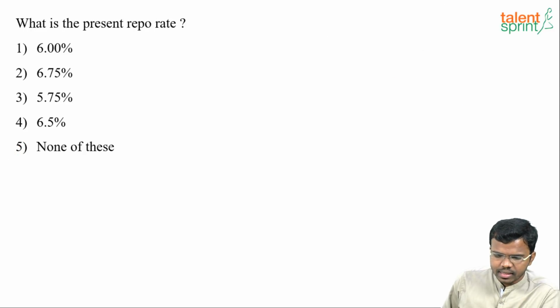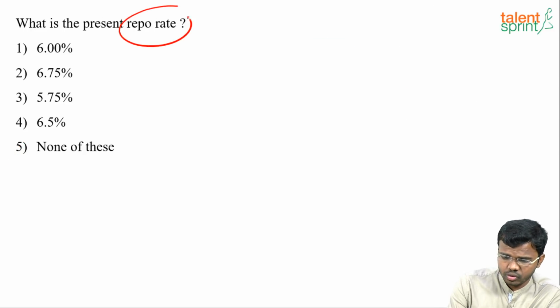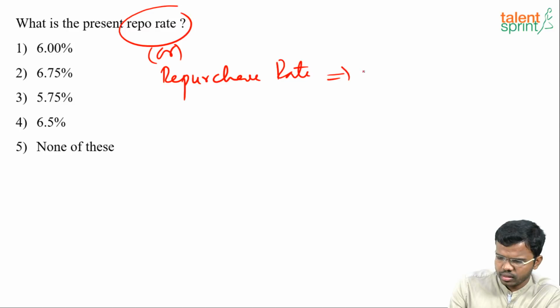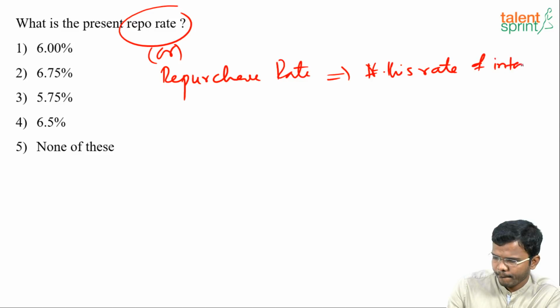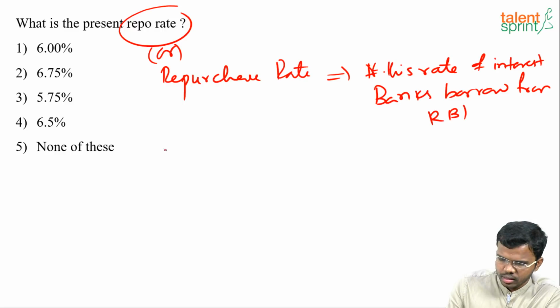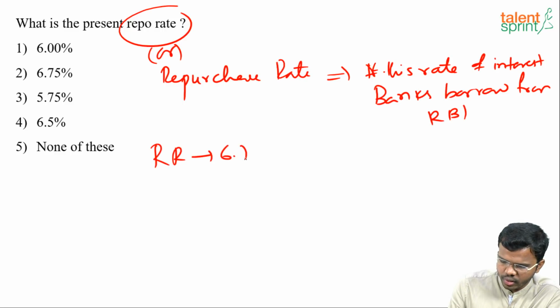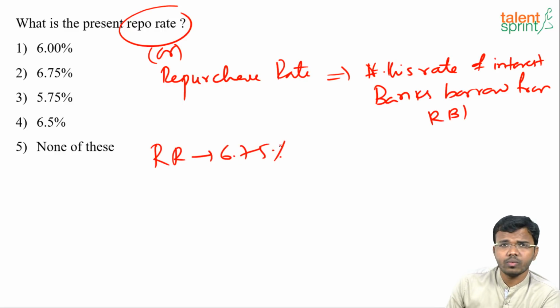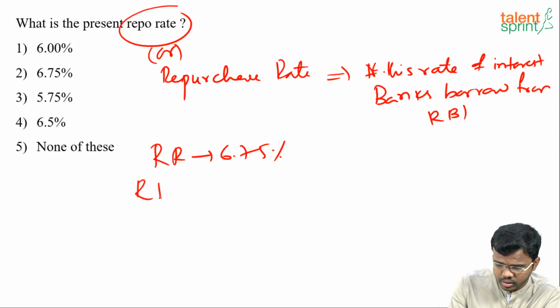Next, what is the present repo rate? Repo rate is also called a repurchase rate. I have already explained many times what is repo rate. At this rate of interest, banks borrow from RBI. That is called a repo rate. So present repo rate is 6.75%. Recently it was revised in the third bi-monthly monetary policy.